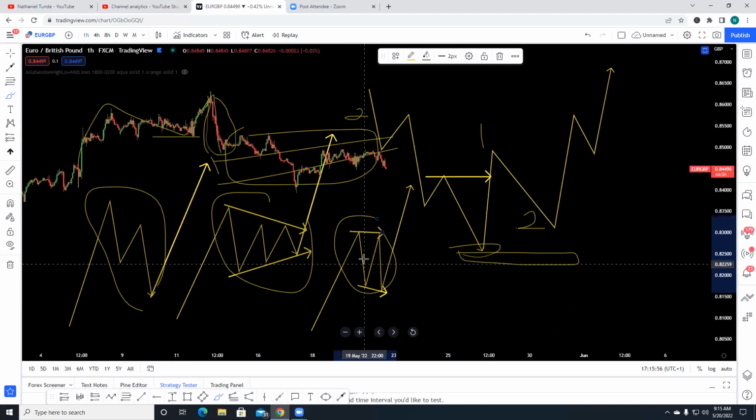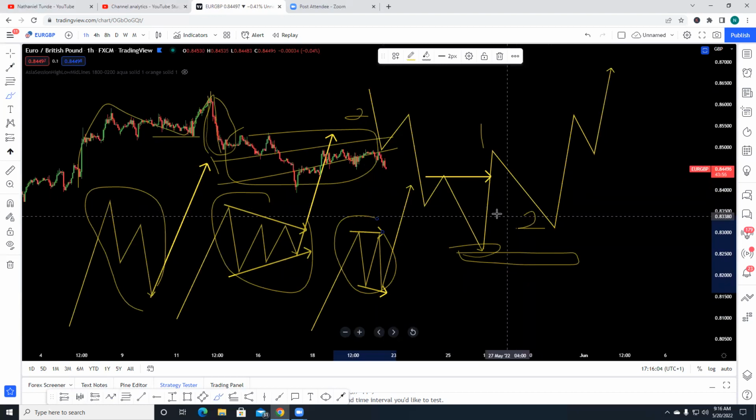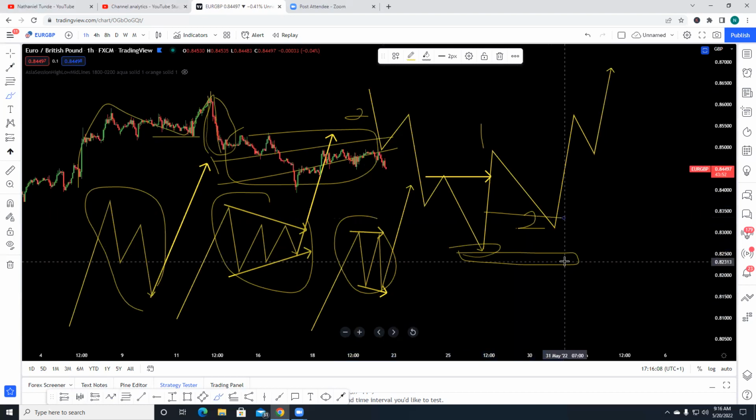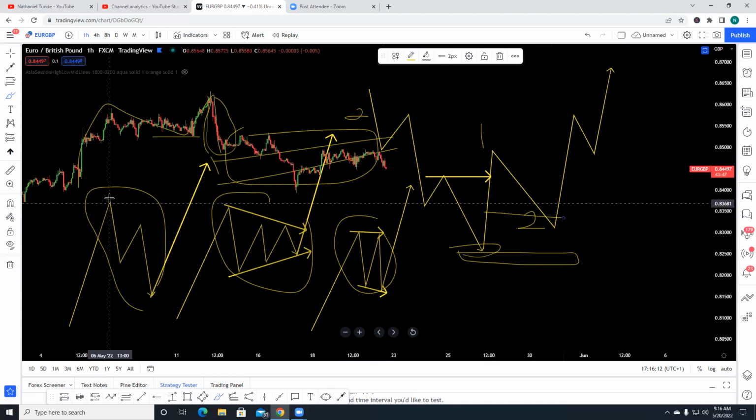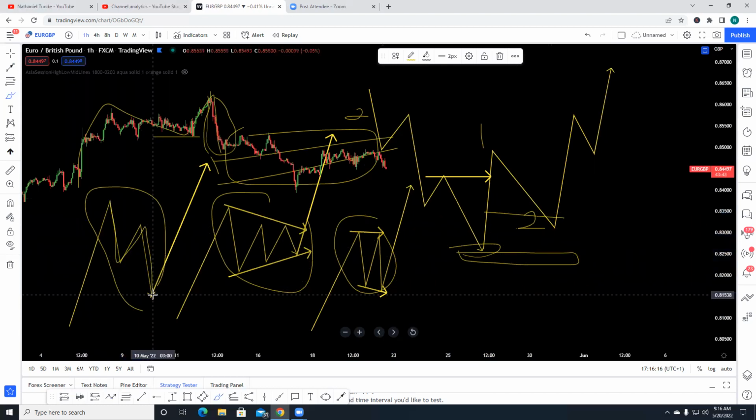If it is this flat corrective structure that fits in as wave 2 here, then it's most likely that you are not going to get more than 50% retracement, highest 61.8. But if it is this zigzag that comes, can you see it's not a sideways corrective structure? It's a sharp corrective structure to the downside.